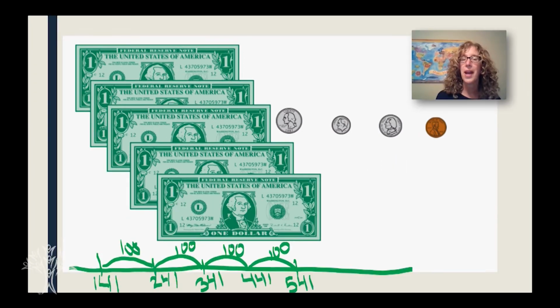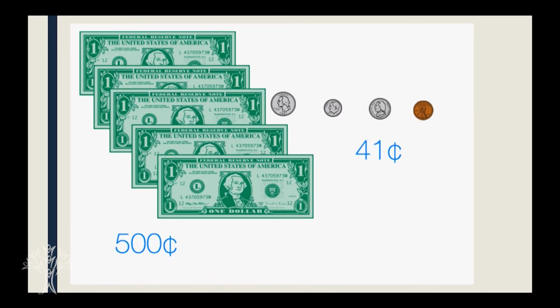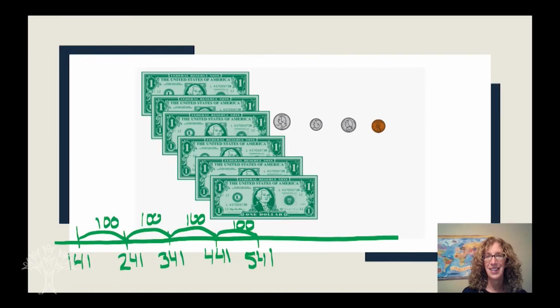Second graders, we're ready to add another 100 cents to our collection. Make sure you label your jump so that we know it's worth 100 and label where you land. 541 cents altogether. I like the way we keep getting more money.